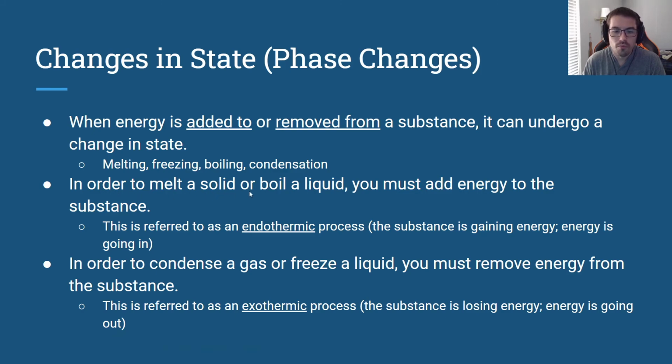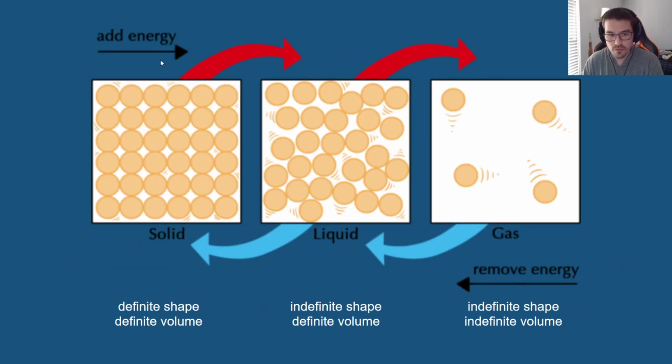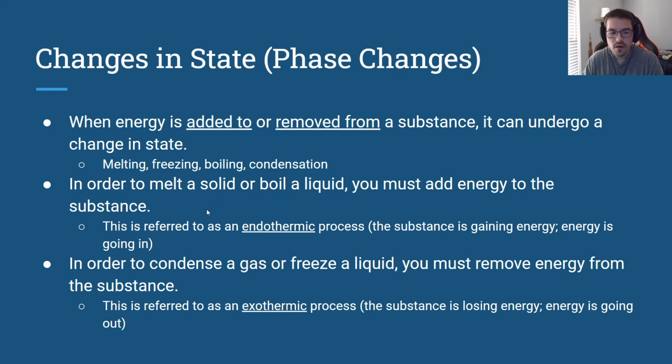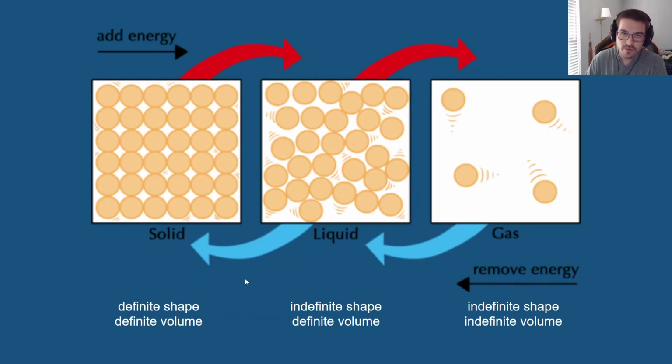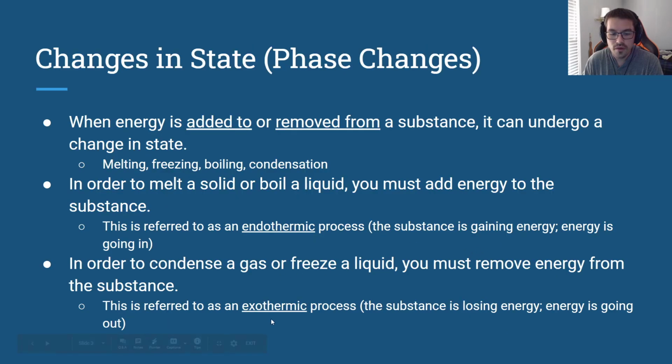When you melt or boil something, so for example, going in this direction, left to right, when you add energy to a system, that is referred to as an endothermic process, okay? And then on the flip side, as you remove energy from a system or from a substance, that is called an exothermic process, okay?